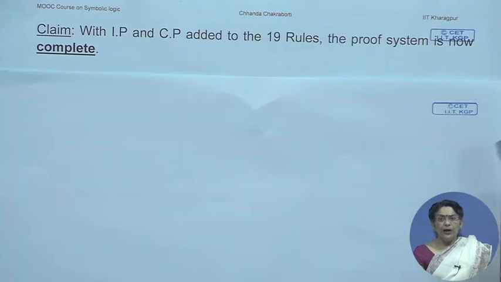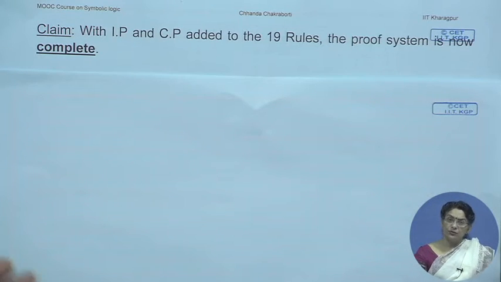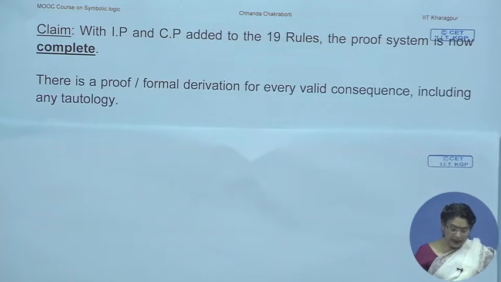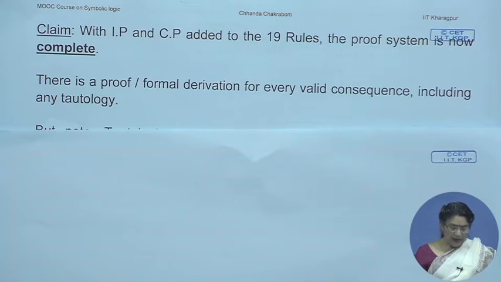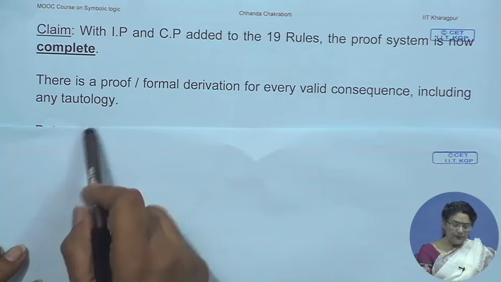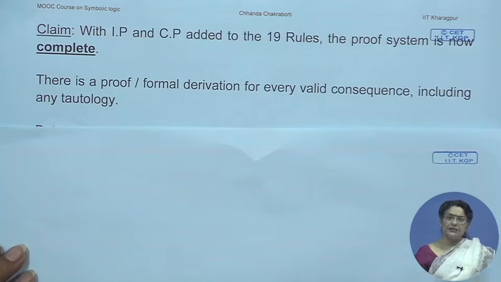We have now added the indirect proof and the conditional proof, both versions of it of course, with the 19 rules in our proof system. And this is our claim, that there exists a proof, a formal derivation, for every valid consequence, including any given tautology. Now let us pause and take that earlier question: how can we prove a tautology as a formal derivation?